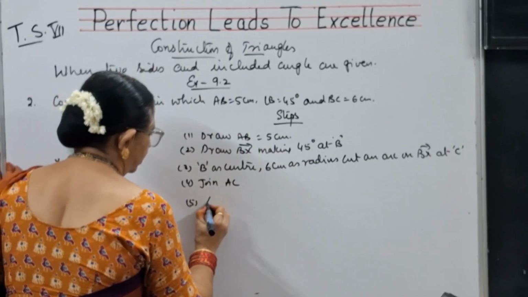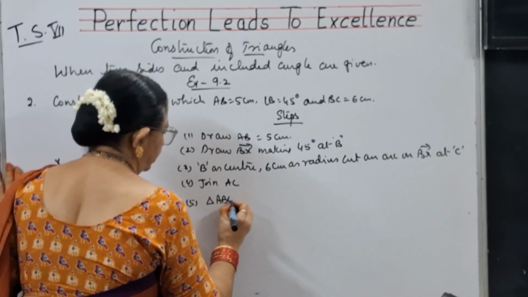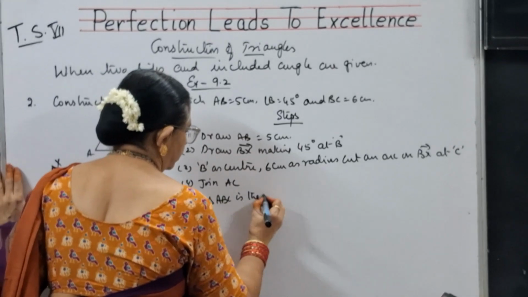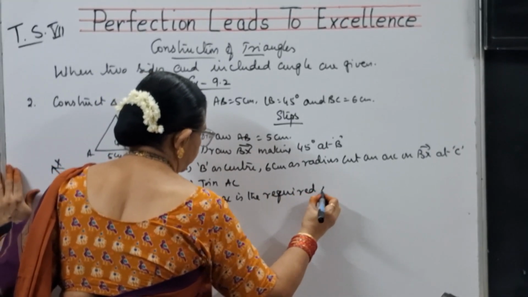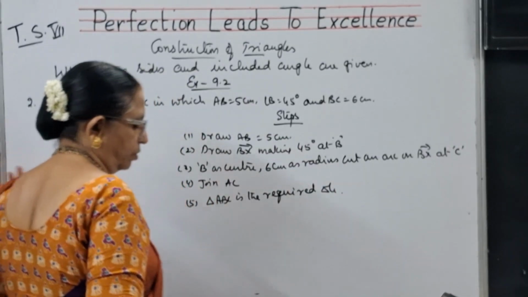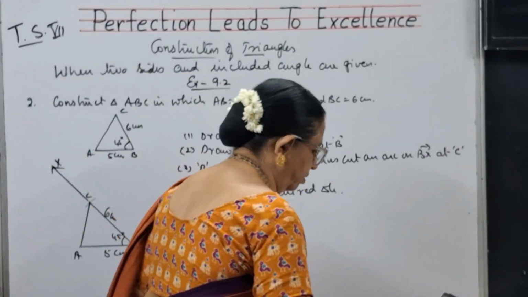Fifth point, triangle ABC is the required triangle.